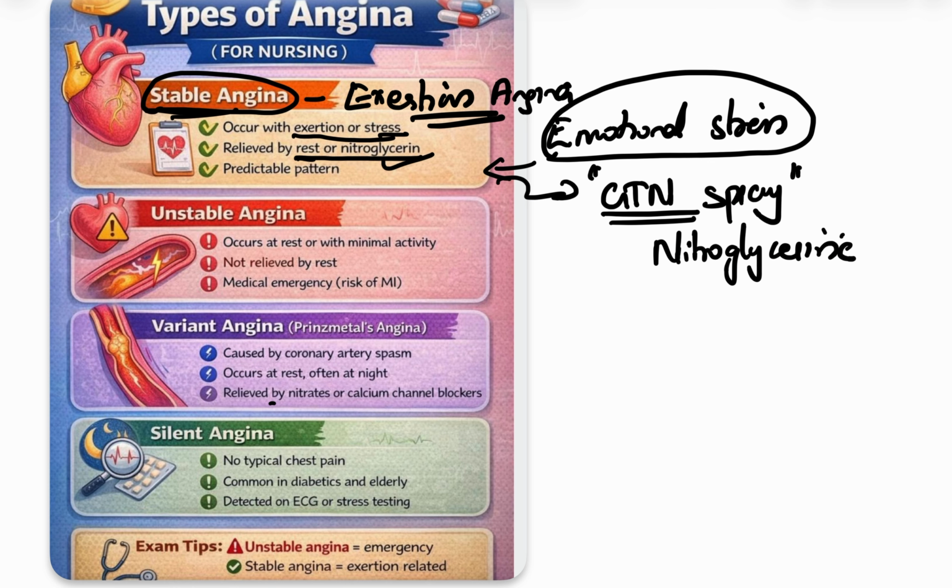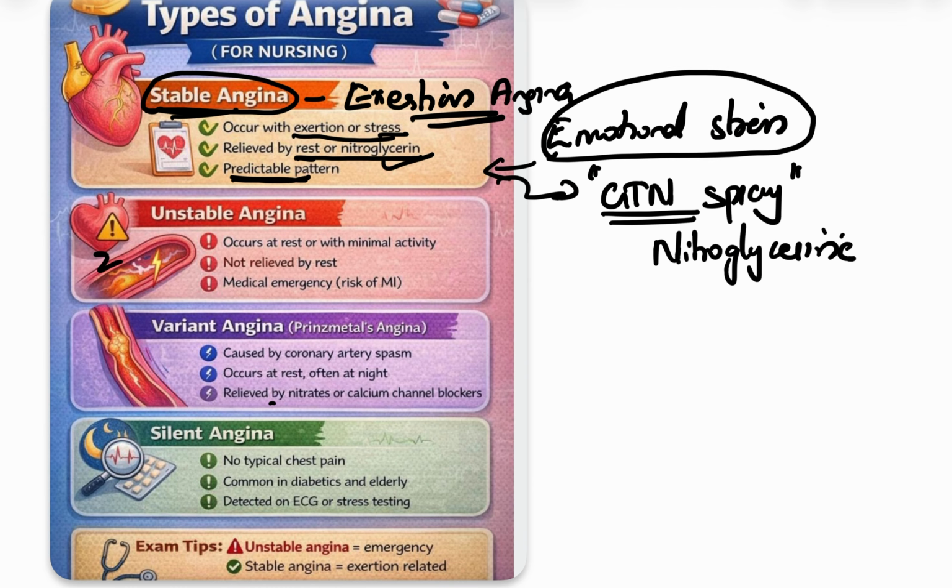And this is a predictable pattern. How is it predictable? When a patient has a stable angina, we already know that if the patient goes through emotional stress or strenuous activity, there is a risk for the patient to get the chest pain. That is how it is a predictable pattern.